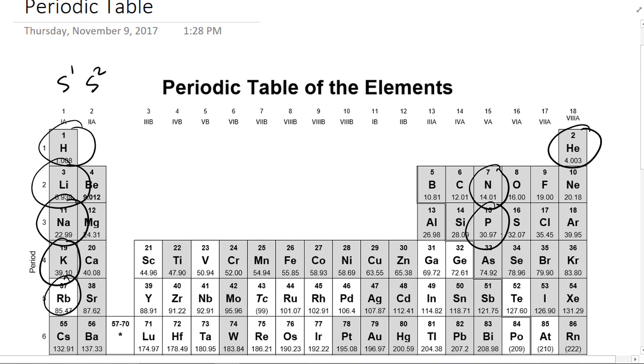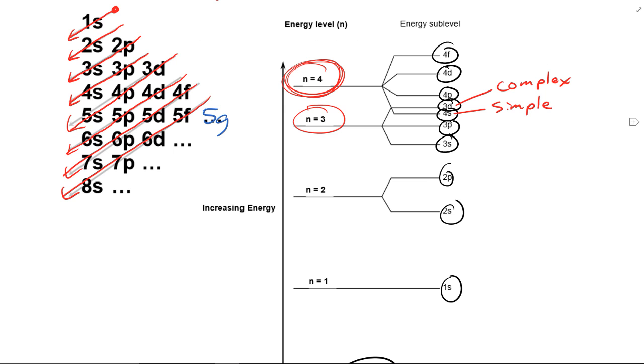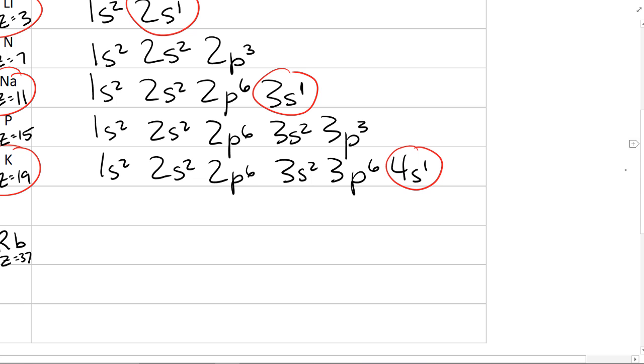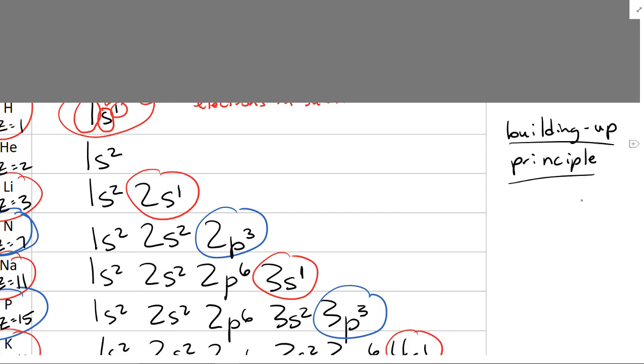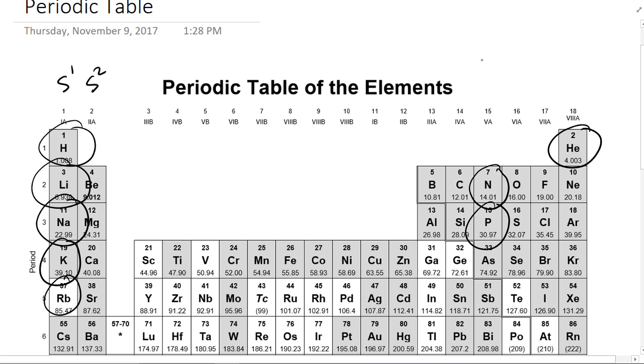Now we looked at nitrogen and phosphorus, right here. How are their configurations similar? They end with P3. If we look at where they're located in the periodic table, they are both right here.